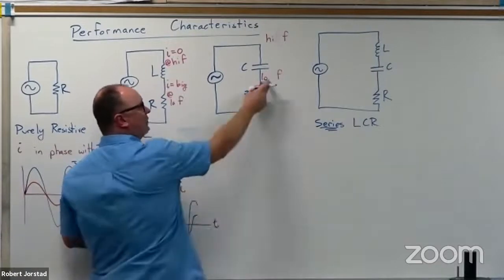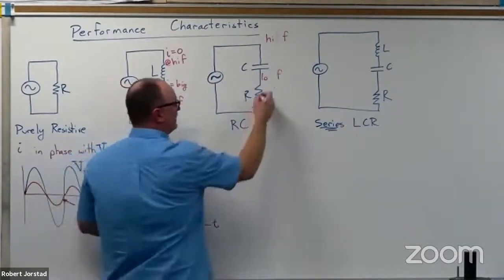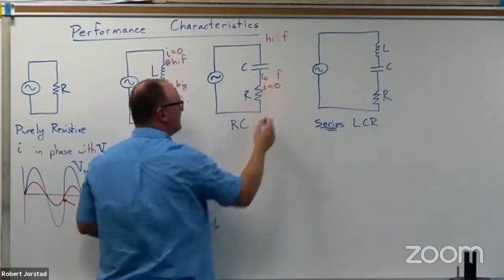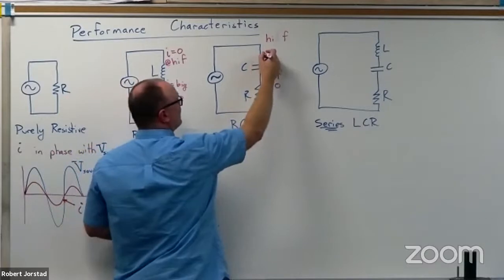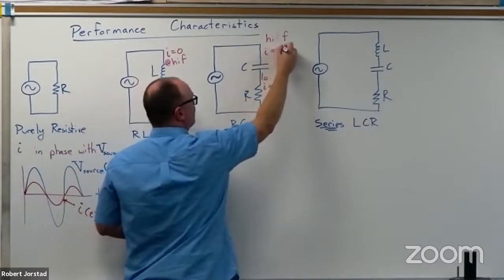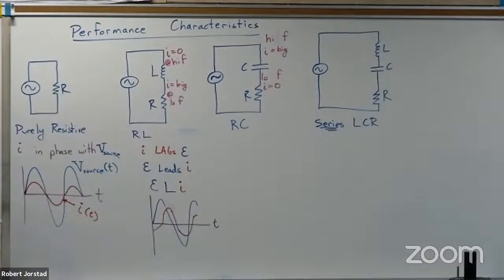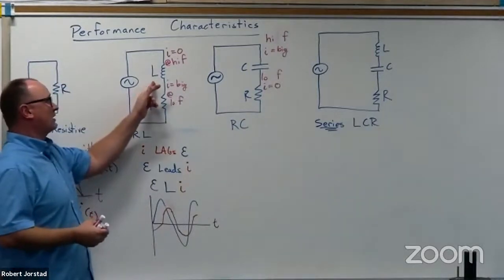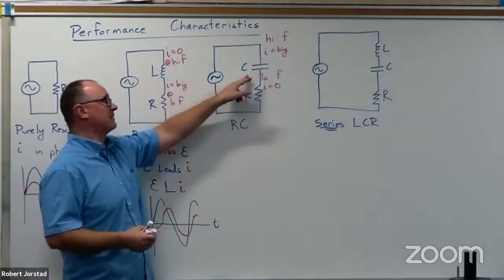If we have a low frequency, the capacitor is going to charge up and block the current. So at low frequencies, the capacitor has no current. At high frequencies, I equals a big number. We expect the exact opposite kind of thing should happen.